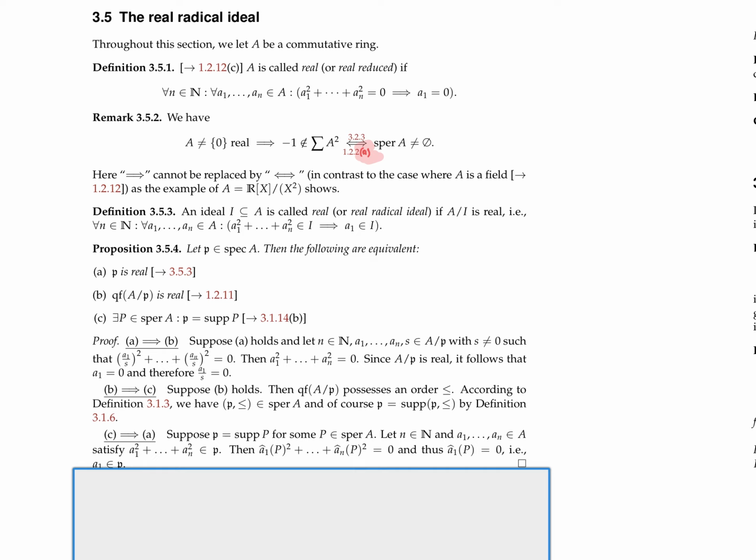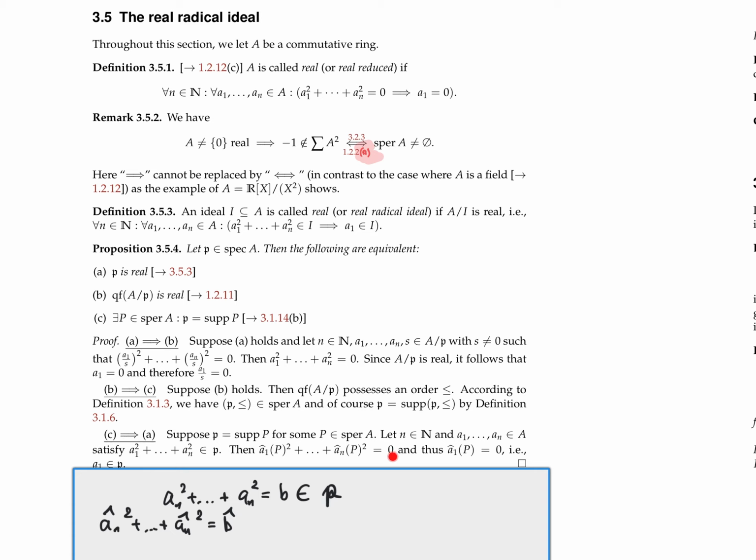So when I write A1 squared plus ... plus AN squared equals some B in P, and when I have A1 hat squared plus ... plus AN hat squared equals B hat, and when I evaluate this in P, since fracture P lies in the support of P, I know that B lies in the support of P, and so I know that B hat of P is 0.